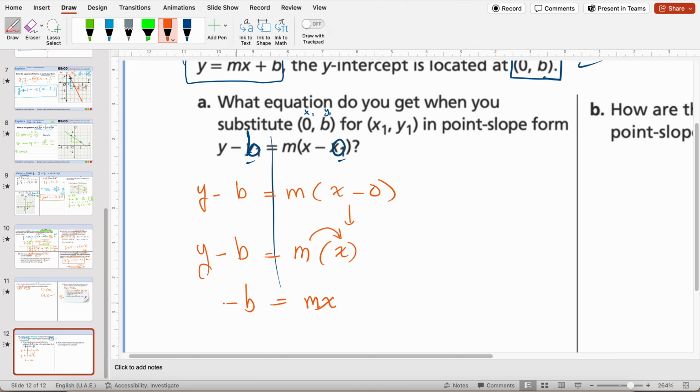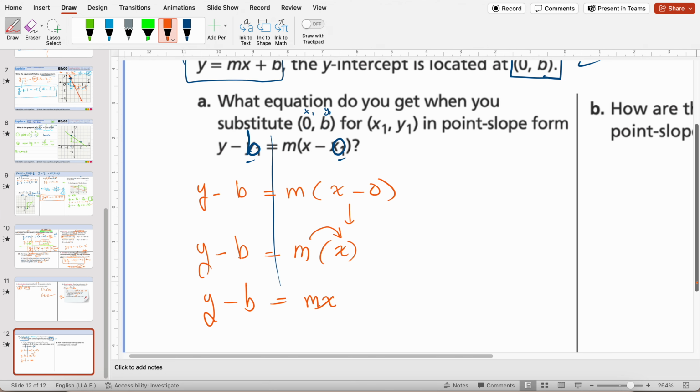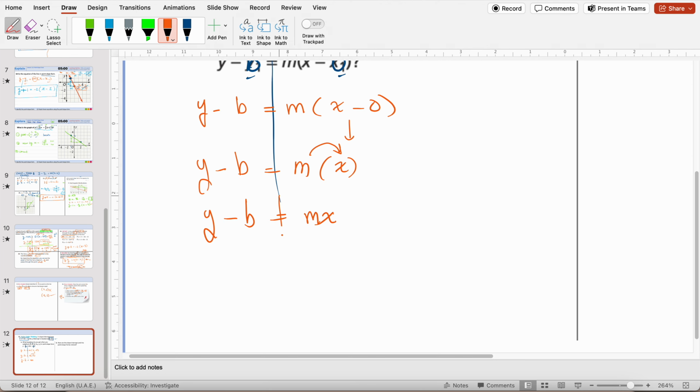Okay? Next, what should I do? Does it look similar to the slope-intercept form?